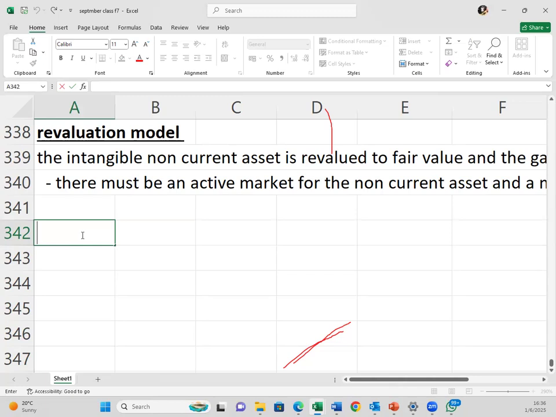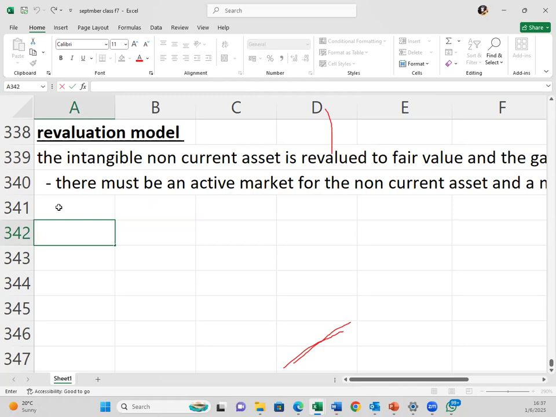An active market means the buying and selling of these intangible non-current assets must be taking place so that we can determine how much it is going for in the market right now. Because to determine the fair value, you need to know the price in the market right now. But you rarely find an active market for intangible non-current assets.